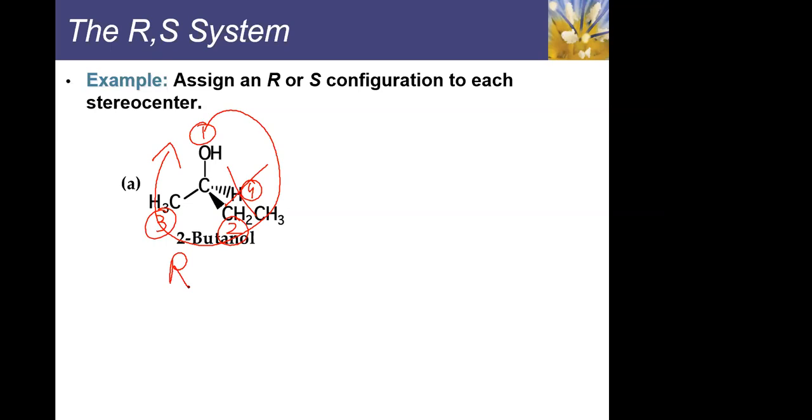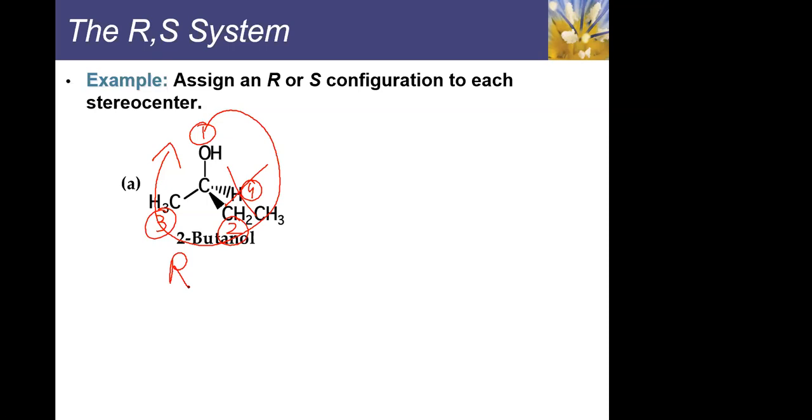Step 1, assign the priorities. Step 2, you see the lowest one, which you have given the 4th priority, the least priority. Is this at the back or the front? If this is at the back, then forget about it, it doesn't exist.